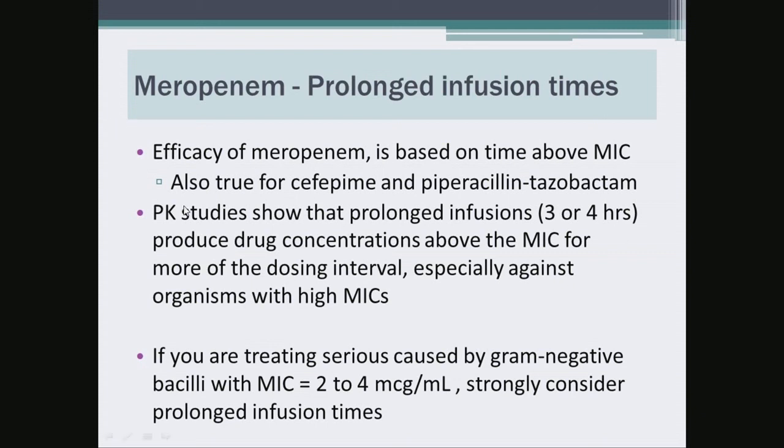So PK studies have shown that prolonged infusion times of 3 to 4 hours will produce drug concentrations above the MIC for more of the dosing interval, especially against organisms with high MICs. So traditionally we've been dosing meropenem and infusing over 30 minutes.